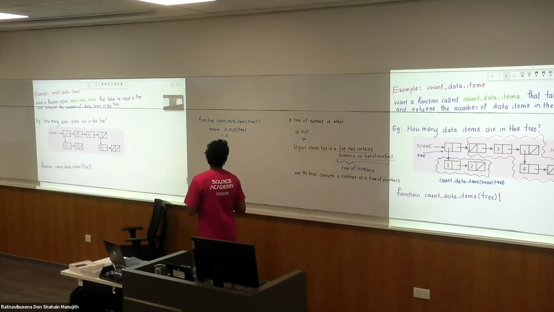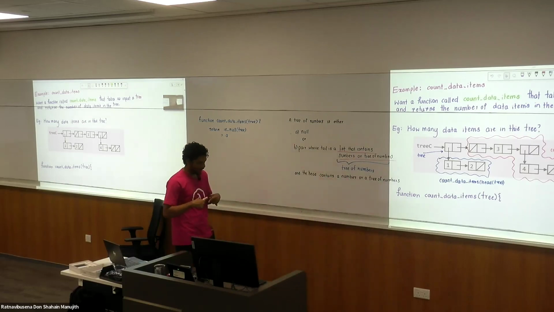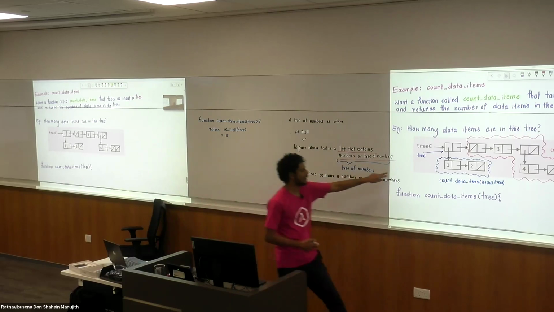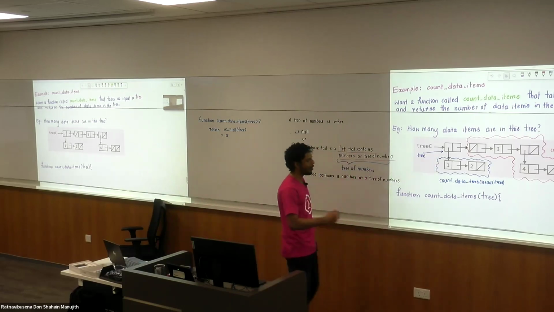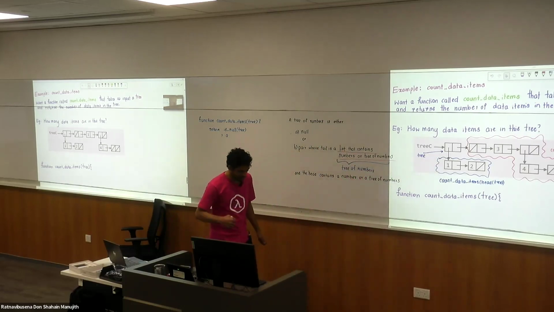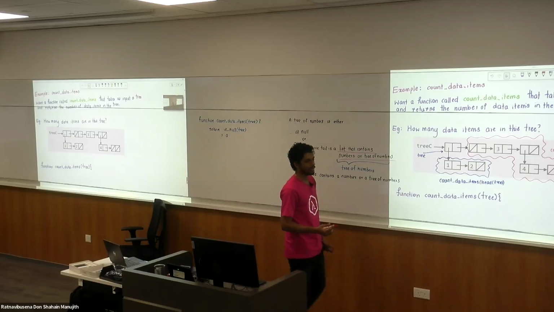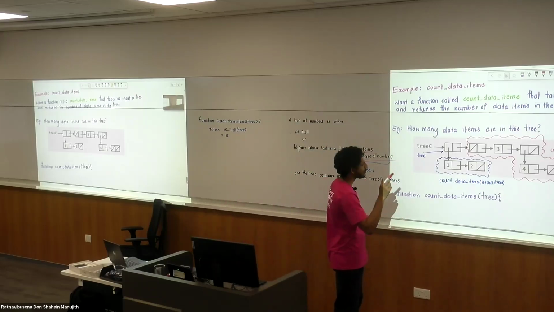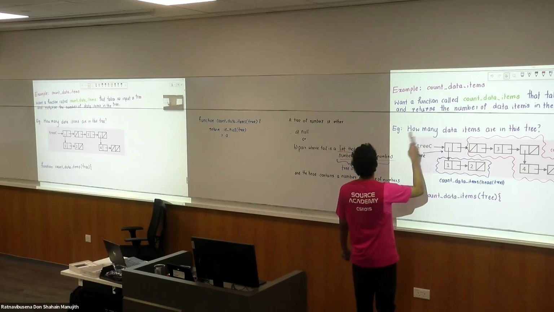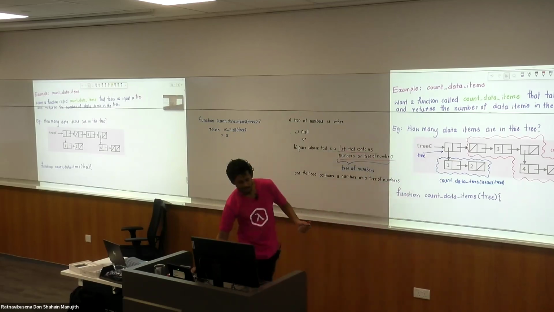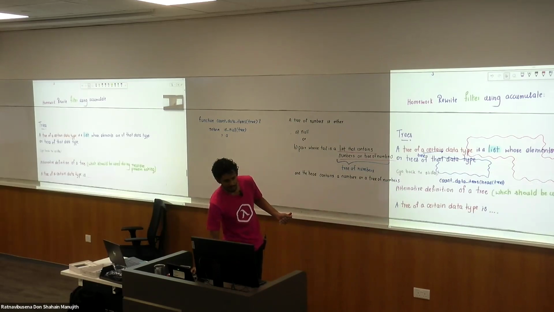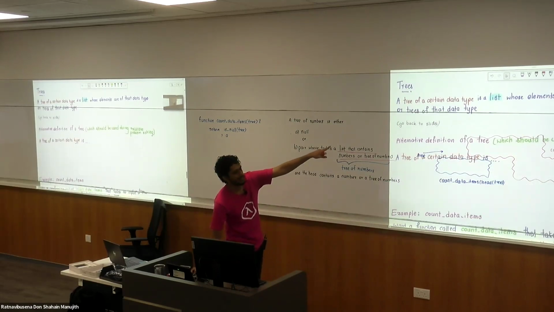So how can we check if the head of this tree is a number or a tree of numbers? You can use the isList function, because at the end of the day, a tree is a list.